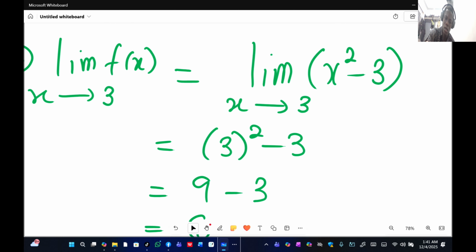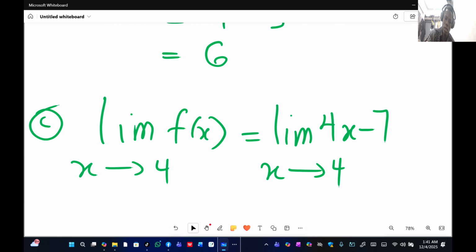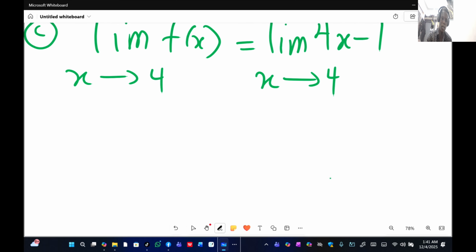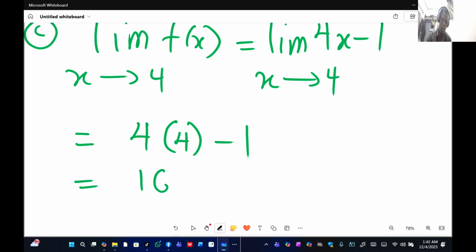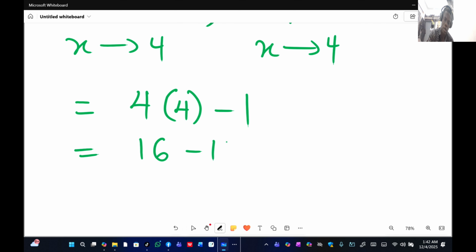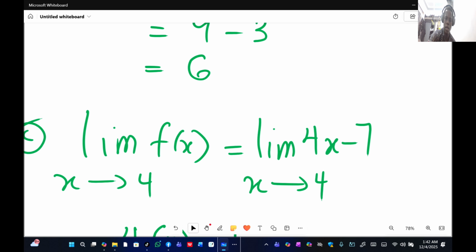So let us evaluate it. This becomes 4 multiplied by the value of x, which is also 4, minus 7. So we get 16 minus 7, and at the end we are getting 9. So 9 is the limit of the function f as the input approaches positive 4.